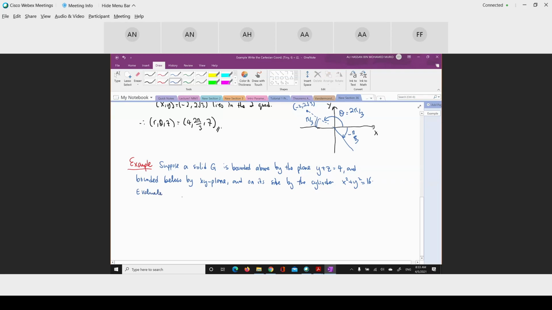So we want to evaluate this triple integral over G of the square root of x squared plus y squared dV.